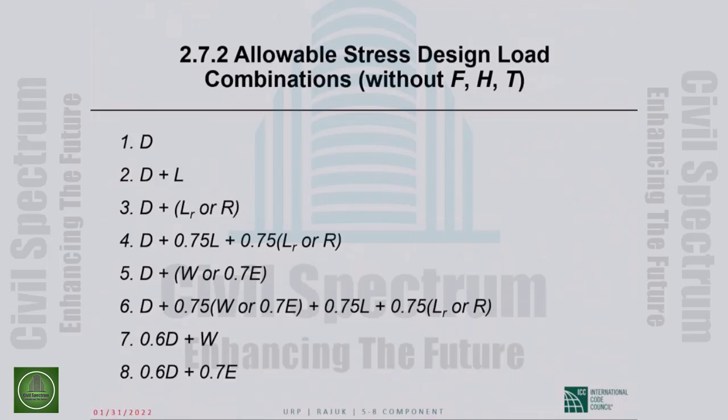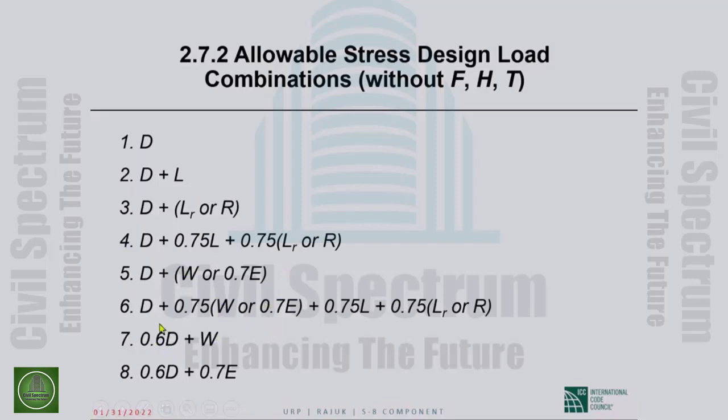So when we are dealing with just dead load, live loads, wind, earthquake, and rain, these are the ASD load combinations. Okay? Just dead load, dead plus live, dead plus roof live load or rain load, we consider the worst of the two. Dead load, live load, roof live load or rain. This involves wind or earthquake. This is wind or earthquake.